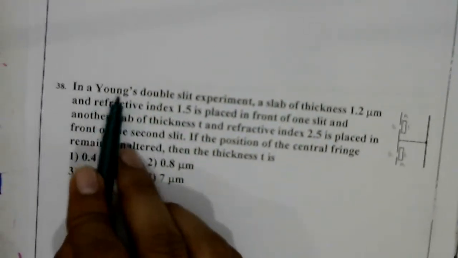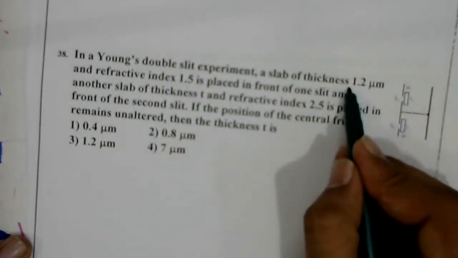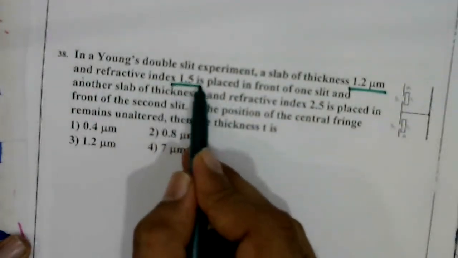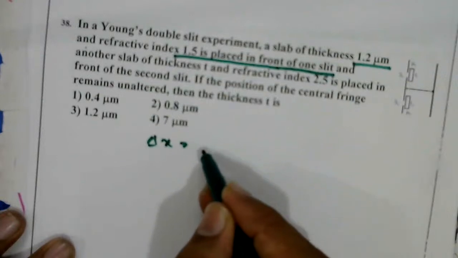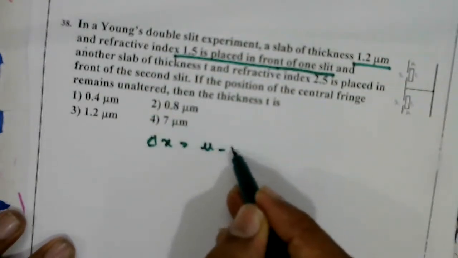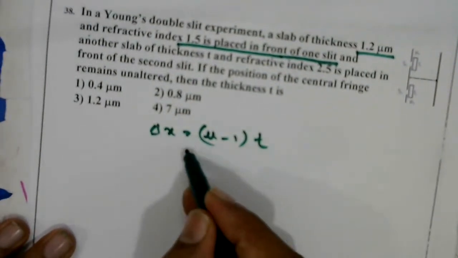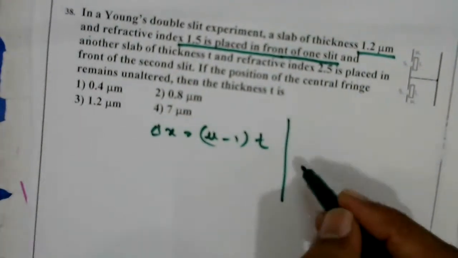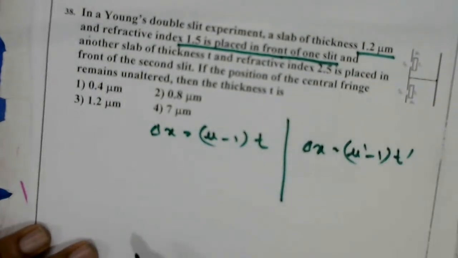Next, in Young's double slit experiment, a slab of thickness 1.2 and refractive index 1.5 is placed in front of one slit. It means that path difference is equal to what I just said, (mu minus 1) into T. First case. Second case, delta x is equal to (mu dash minus 1) into T dash.